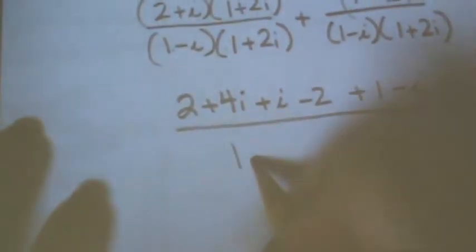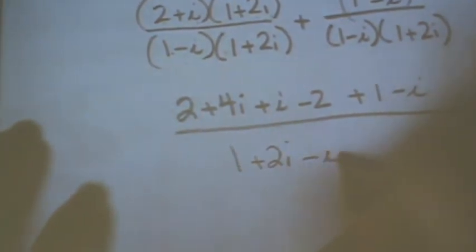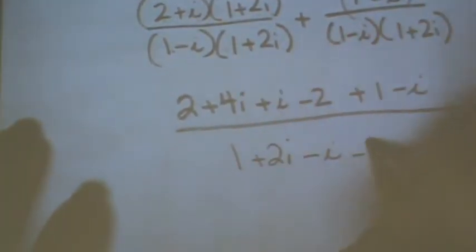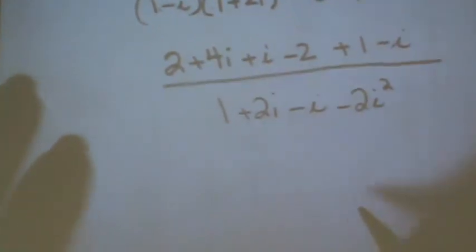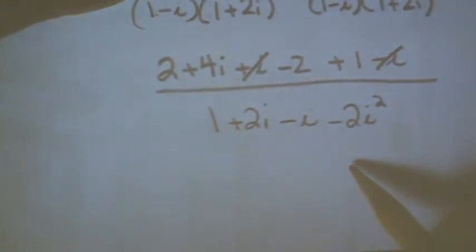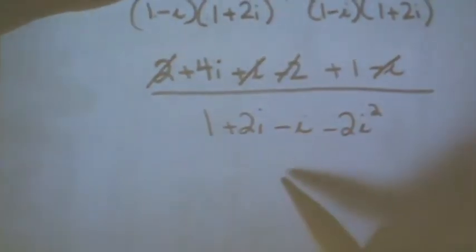And you have plus 2i minus i, and then minus 2i squared. So let's clean this up. These i's cancel, and the 2's cancel. So you have 1 plus 4i on top.